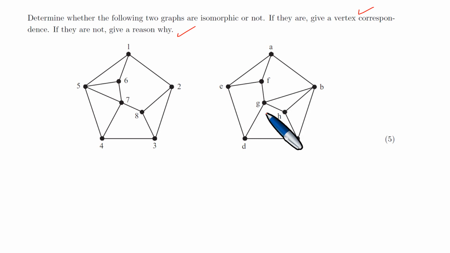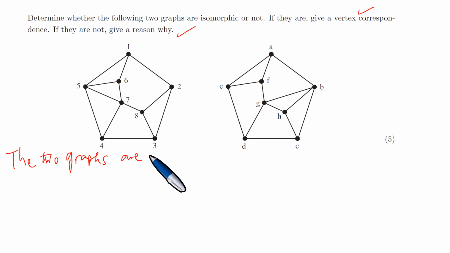They're tempting to make somebody think that they're actually isomorphic graphs, but we realize that these two graphs are not isomorphic.